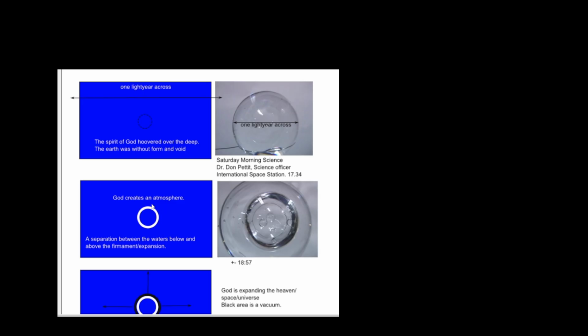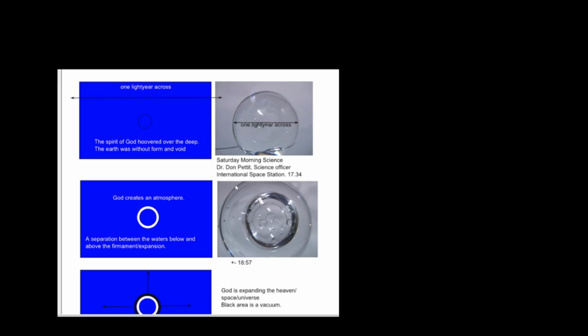Now God creates an atmosphere, so there's a separation between the waters below and above the firmament. And in my own Bible, in the State Bible of the 17th century, the King James says firmament, but my Bible says expansion. So I interchange this, so it might be an expansion, but this white area is an atmosphere, so that might be this area here.